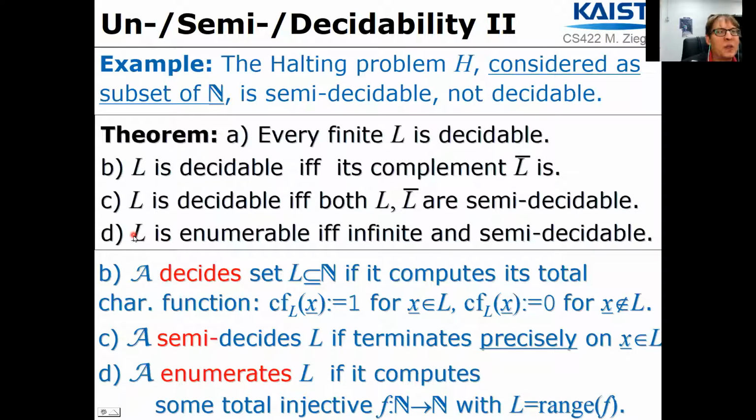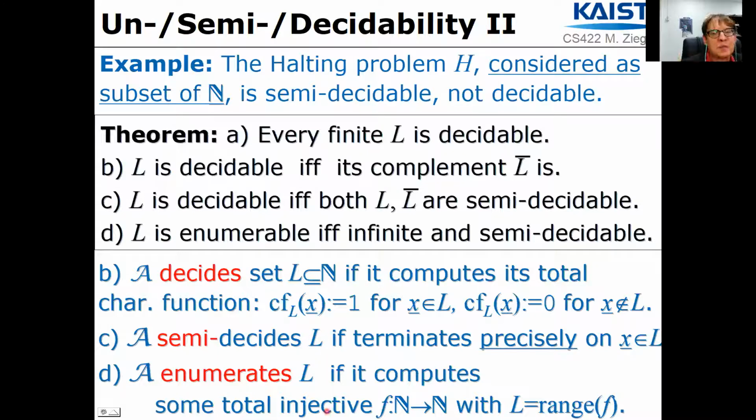So let's look at one direction first. Suppose L is enumerable. That means, by the very definition, that there exists an algorithm that enumerates such a function, some total injective function whose range, whose values, coincide with the set L. Now observe that this function is required to be total and injective with the infinite domain, and therefore also the codomain, the range, must be infinite.